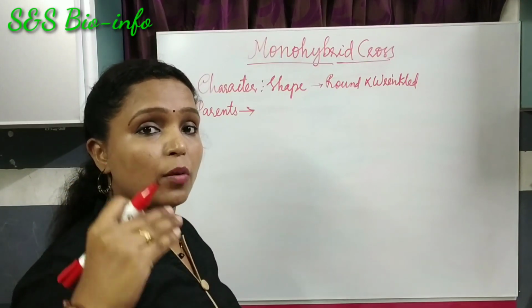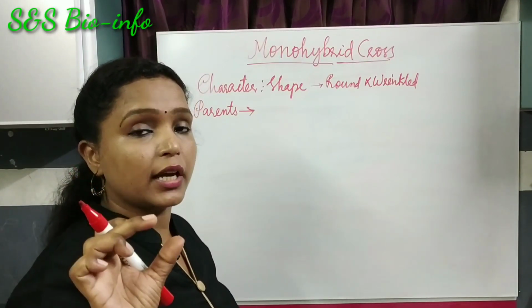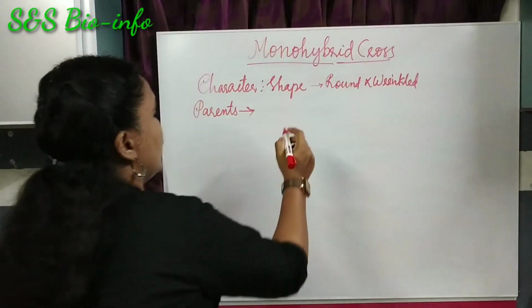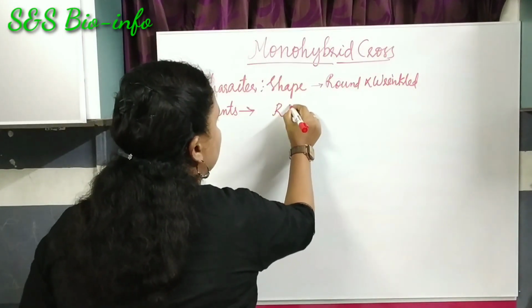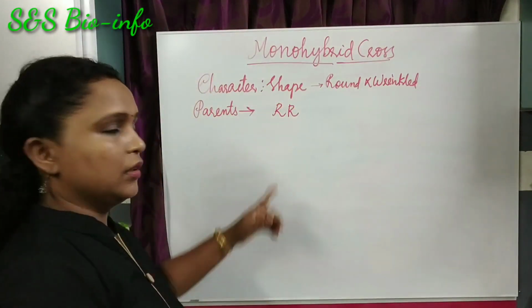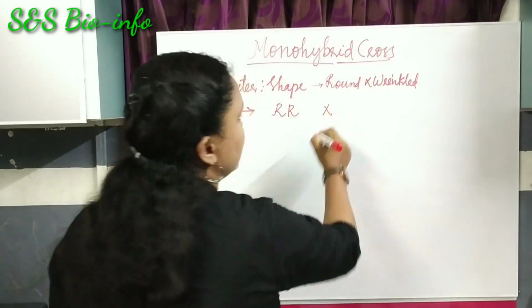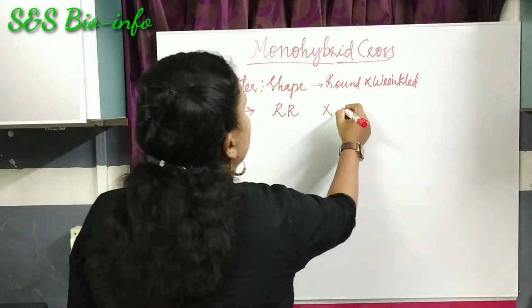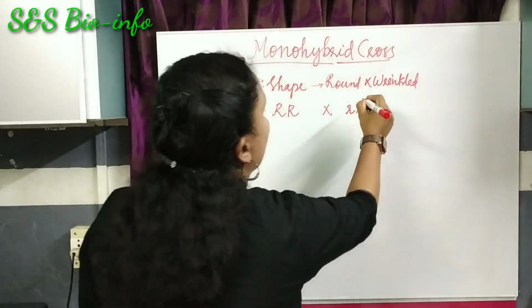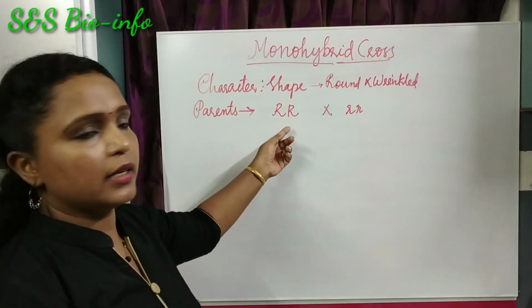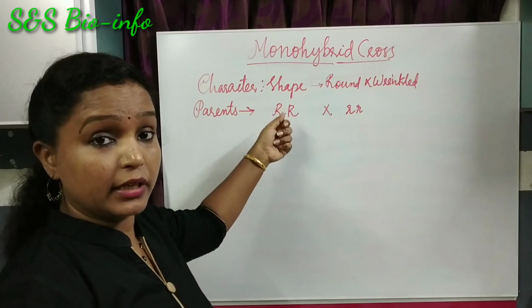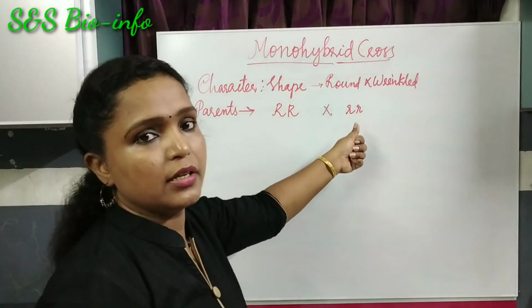As round is a dominant trait, it consists of homozygous dominant allele, so it is represented as capital RR. Second one is homozygous recessive allele, wrinkled pair, represented by small rr.